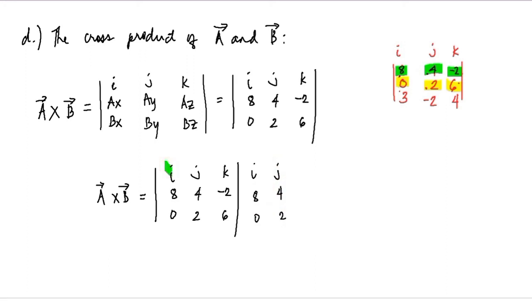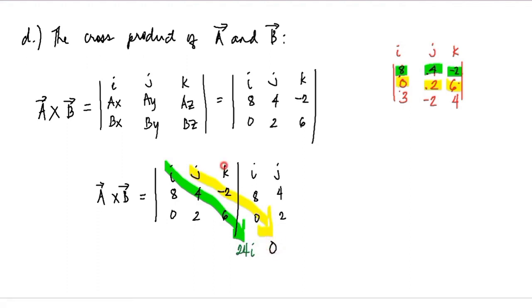Next we will be doing the cross down and the cross up. So for the cross down, we have here 4 times 6 times I, so that's 24I. And for this, we have 0.